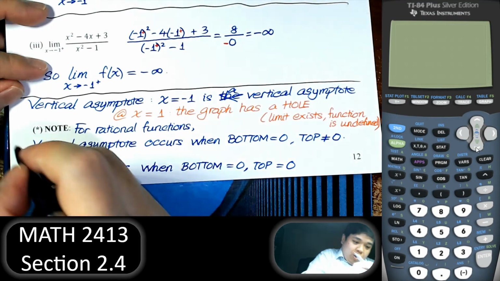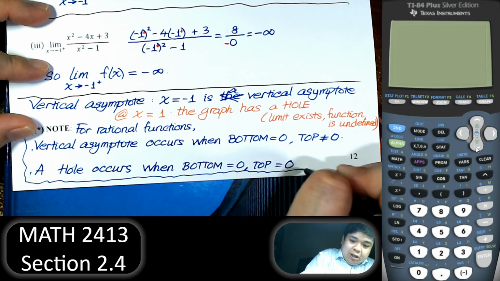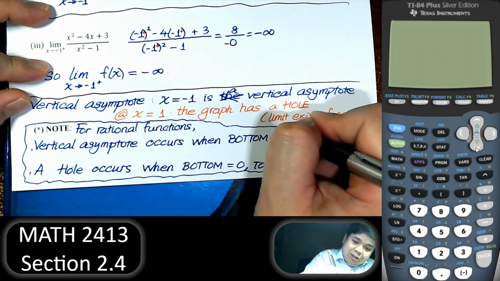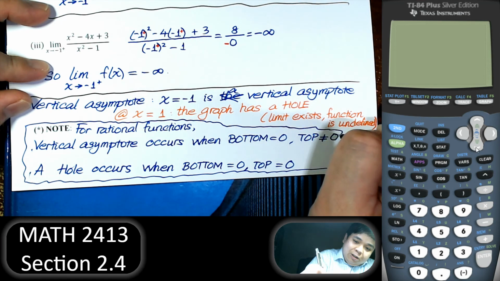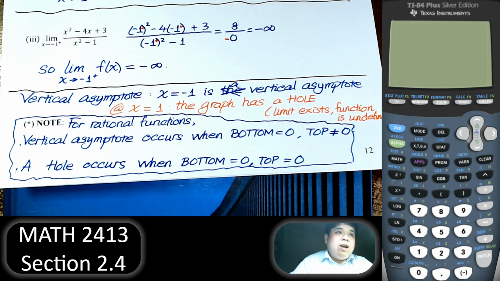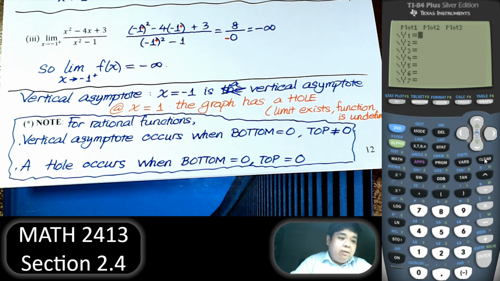Right, so that's the last note I want to talk about. The vertical asymptote, maybe a hole. Right, let's look at the graph for this one to confirm that's exactly what we have.